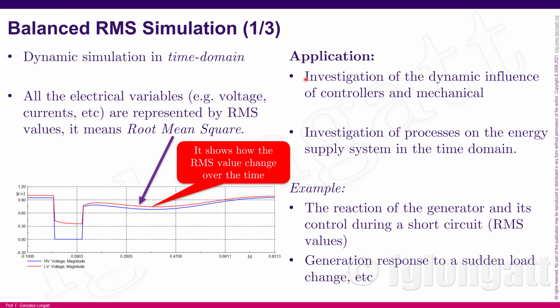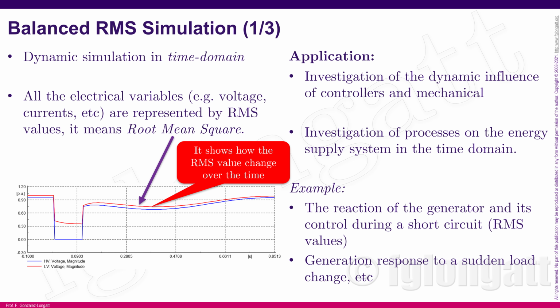We get time series for each variable. For instance, here, as you can see, there is a plot, okay? The classical way to collect data from time domain simulation is using a plot. In that plot, we have a vertical axis where we can include several variables, and a horizontal axis that is typically used for the representation of the independent variable, time, okay?